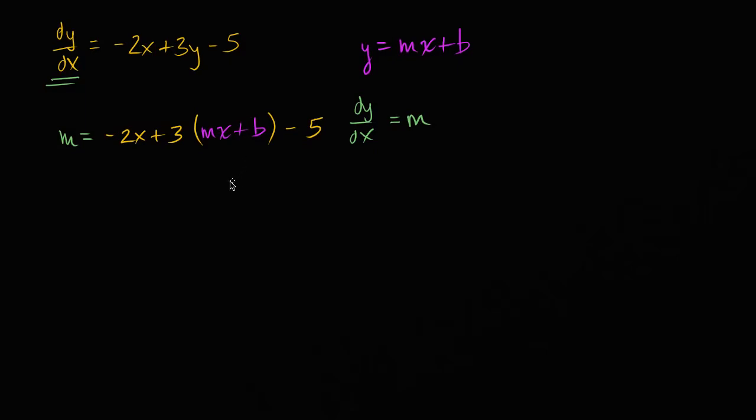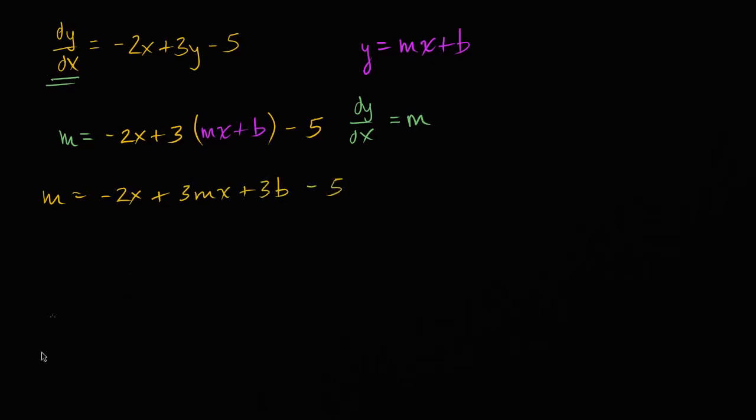I'm assuming you have paused again and had a go at it. So let's keep algebraically manipulating this. We have m is equal to negative 2x plus, if we distribute this 3, 3mx plus 3b, and then minus 5. Now we can group the x terms.